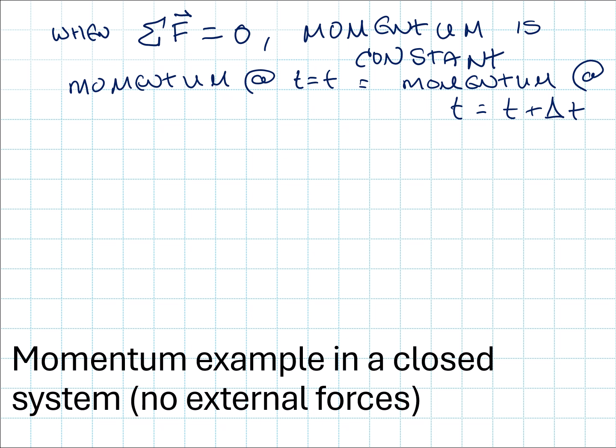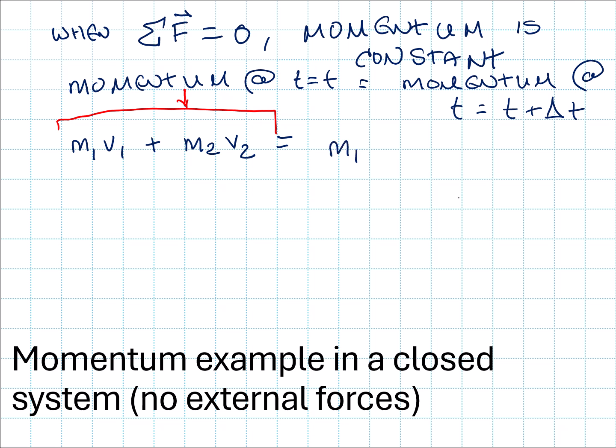So my momentum at time t is going to be the sum of momentum of my body 1 plus body 2. So I'm going to have m1 v1 plus m2 v2. Right, so that's my momentum at time t. And then my momentum at time equals t plus some delta t.